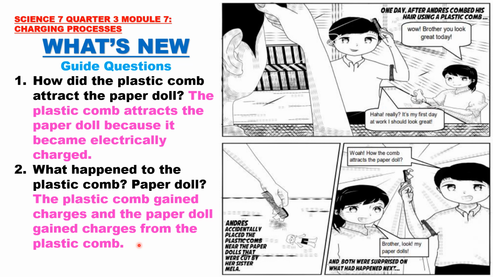So, nung nirub ni Andres yung comb sa kanyang hair, yung electrons ng hair niya ay nalipat sa suklay. So, yung suklay niya, nag-gain ng negative charge. Okay? Tapos, yung paper doll, nung nilapit ni Andres yung plastic comb sa paper doll, yung charge ng plastic comb ay na-transfer doon sa ating paper doll.